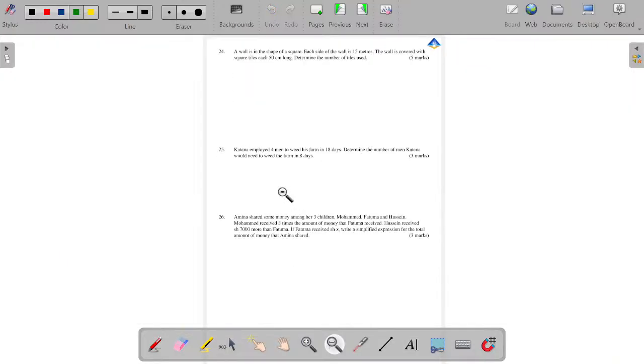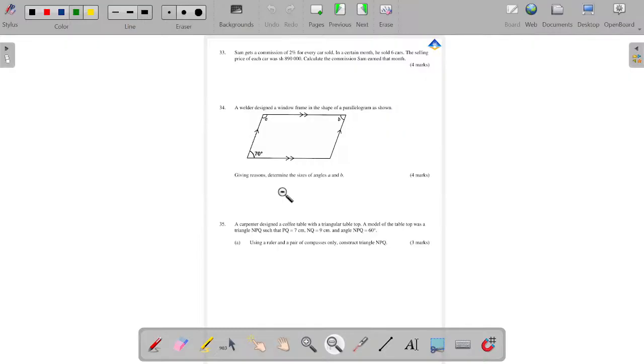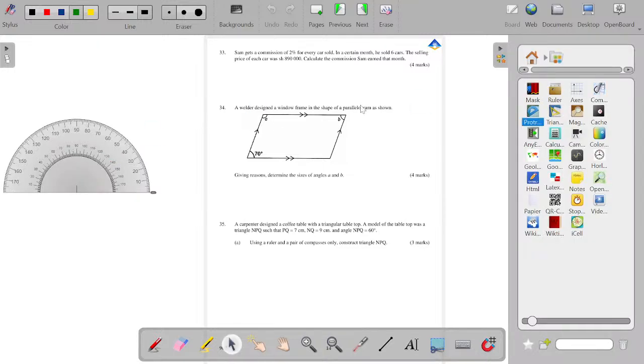Let me look for that question so that we can construct it. We have the question with us. Just a moment. Let me avail my construction materials. I'm availing my construction materials, dear learners.